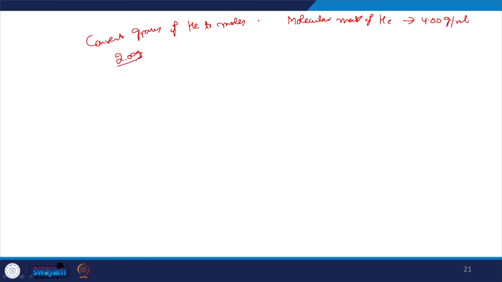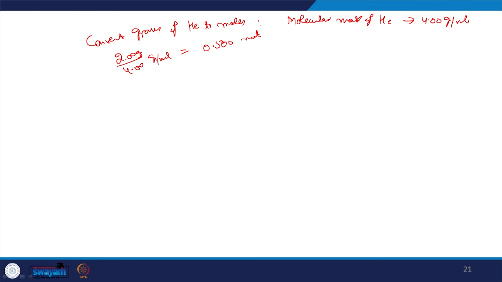Now first thing, convert grams of helium to moles. So first thing we need is that the molecular mass of helium is 4.00 gram per mole. So 2 gram upon 4 mole, that comes out to be 0.500 mole.